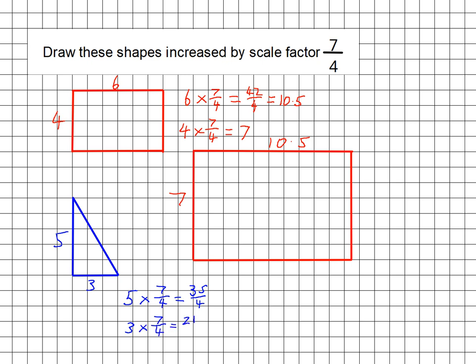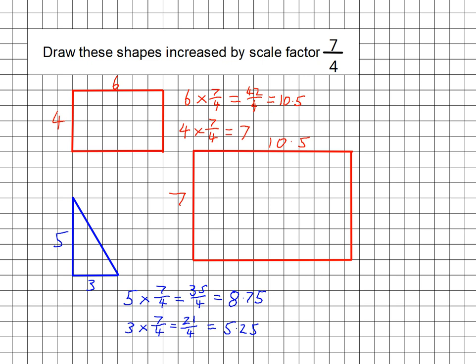It's 21 over 4. That one's a bit simpler to work out. Okay, so we have 8.75 and we have 5.25.